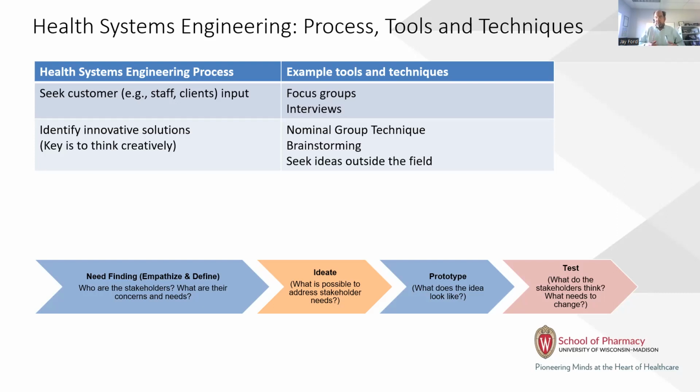And tools like conducting focus groups or interviews or using the nominal group technique or brainstorming are ways that you can go about not only soliciting input from the customers, but seeking innovative solutions to the problems that you're facing. These tools, especially something like nominal group or brainstorming, are really simple and easy to implement.